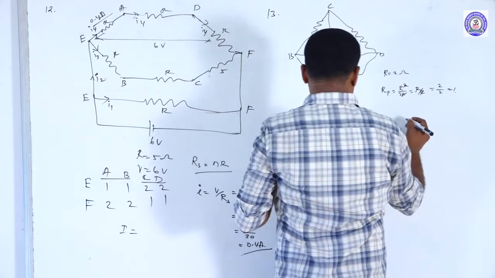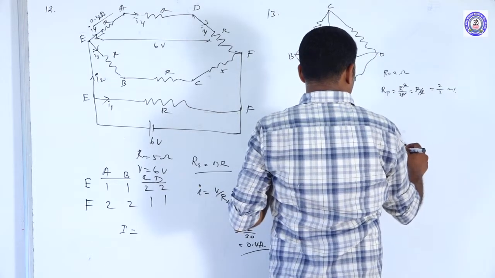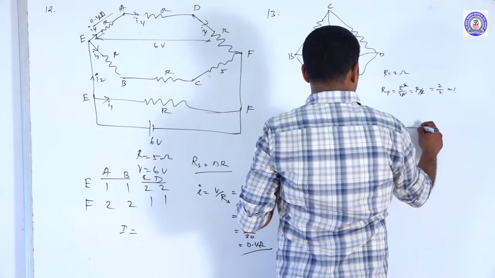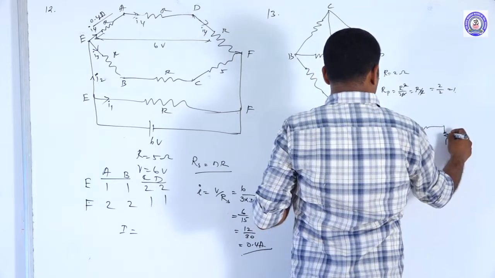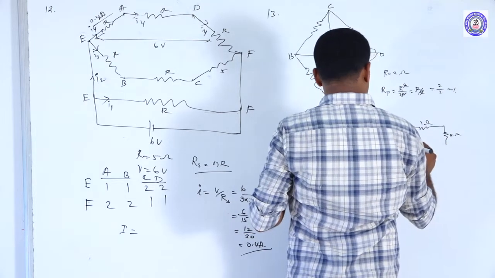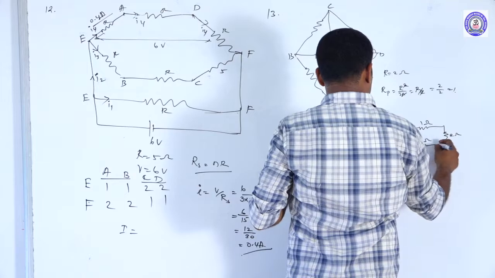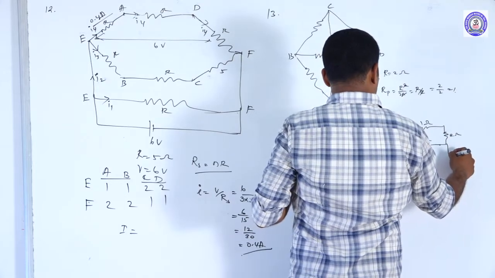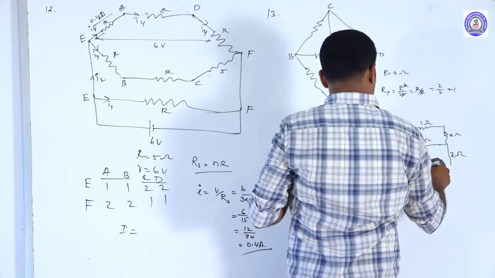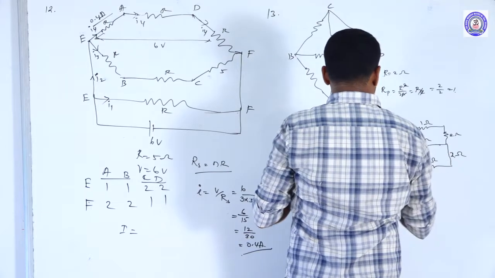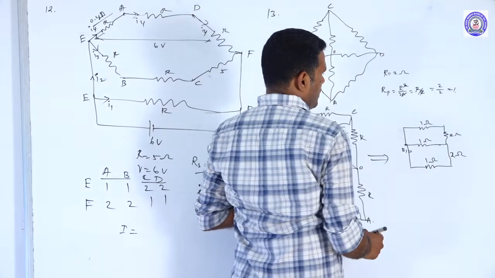The circuit can be reconstructed like this. From B, D, I have a 1 ohm resistance, then a 2 ohm resistance, then a 1 ohm resistance, then this is 2 ohm, and this one is 1 ohm. This is how the circuit is reduced.